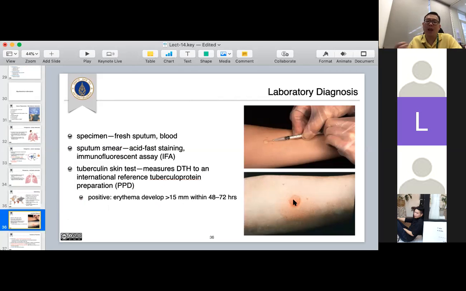You get an immune reaction, a kind of delayed-type hypersensitivity, and we measure from one edge of the swelling to the other, which should be larger than 15 millimeters, 1.5 centimeters. Then we call it positive. A positive tuberculin skin test can mean you are infected by TB now, or you have an immune response because you already recovered, or you received the vaccine. So it's hard to say which one. Okay.